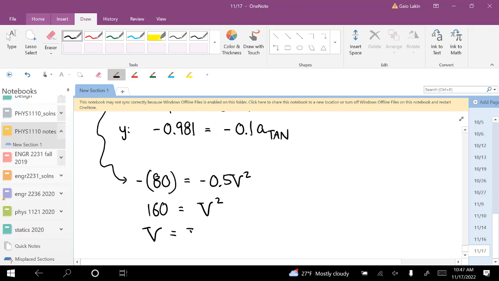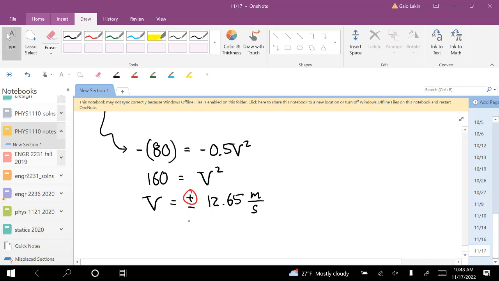So v is equal to plus or minus the square root of 160, so plus or minus 12.65 meters per second. This is a speed, so you only ever have positive speeds. So maybe just under 30 miles per hour to get a force that big. So that's the answer for part A.